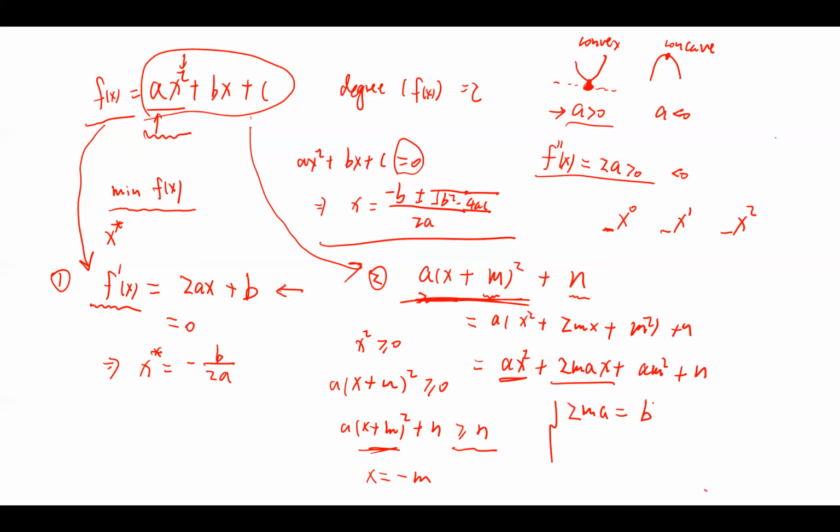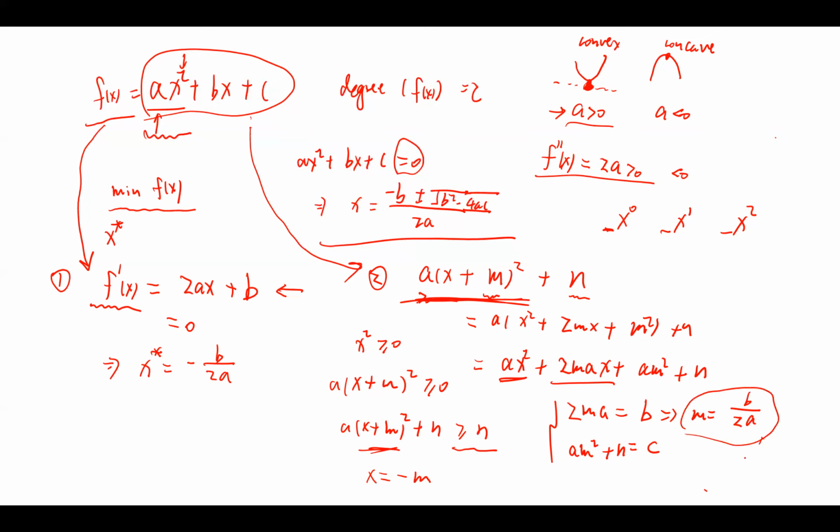Of course, we need a system of equations because we have two unknowns, m and n. The other one, am squared plus n, should be equal to c. So now we actually do not need to solve for both m and n. We just need to know the value of m, which should be equal to b over 2a, right? That's enough, because this is what we need to solve for x.